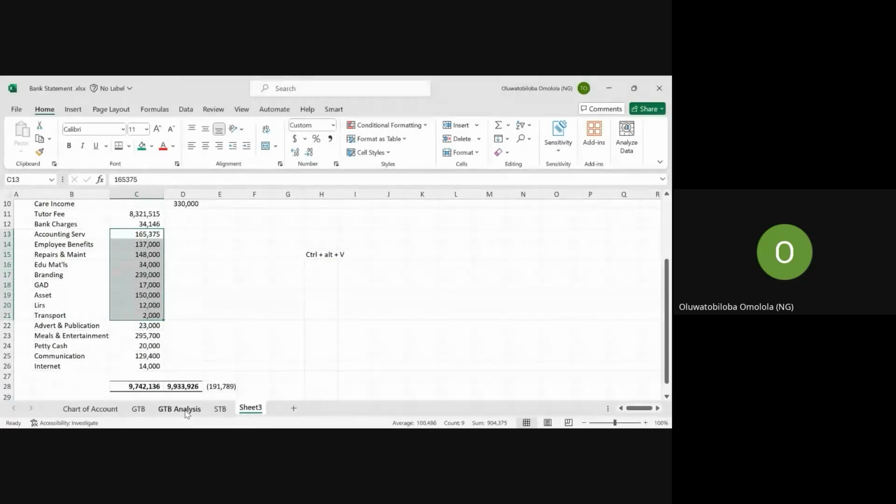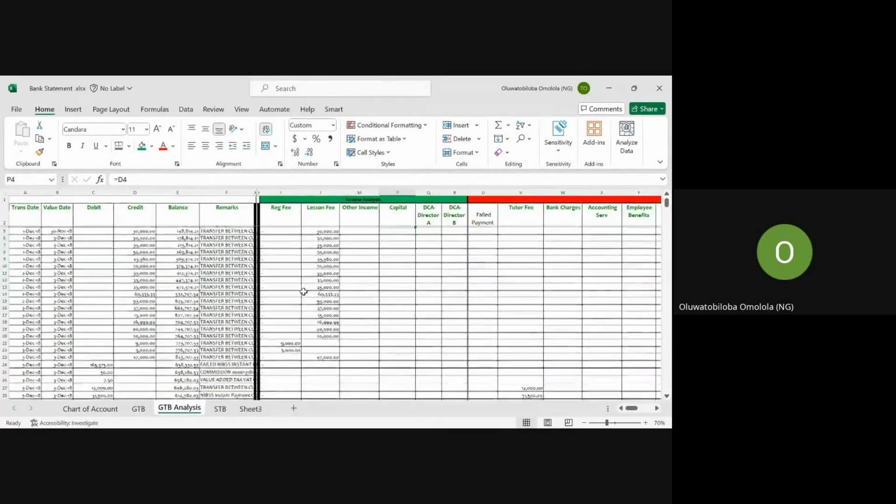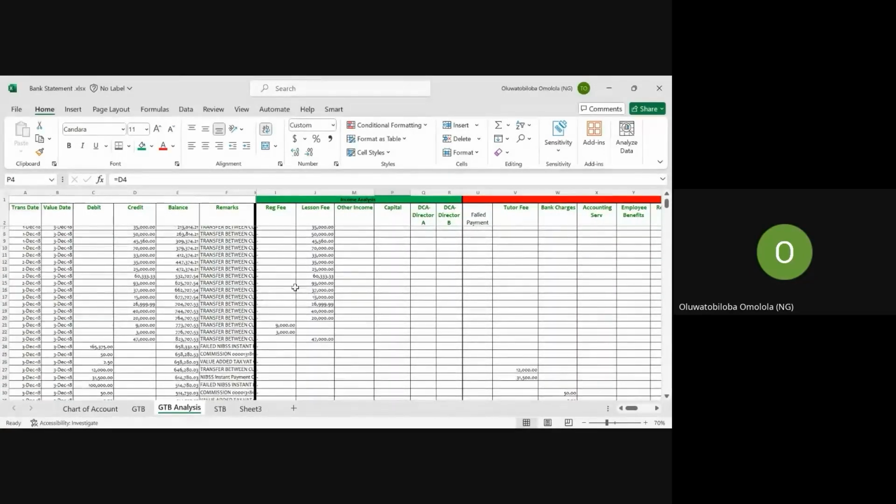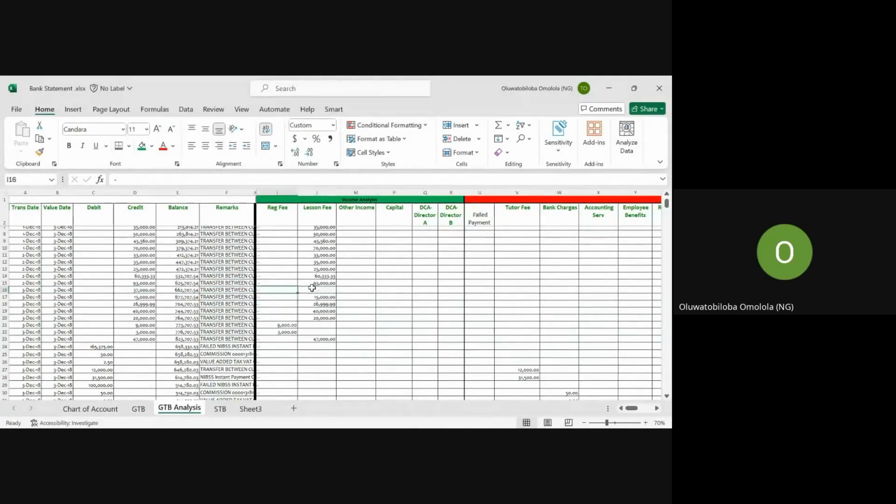Then the second one, in terms of analyzing your bank, I was going to talk about that in my second example. So what that is going to do for you is that, see, in this instance, let's say that this 37,000 was not supposed to be in lesson fee. Let's say it was probably meant to be in registration fee.